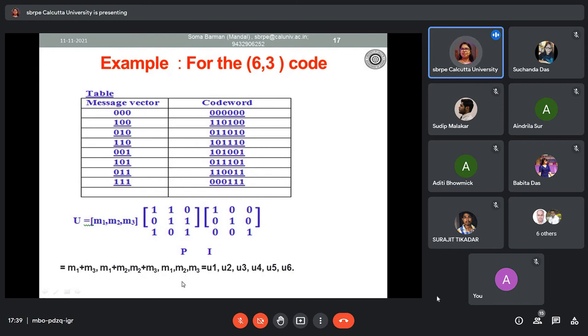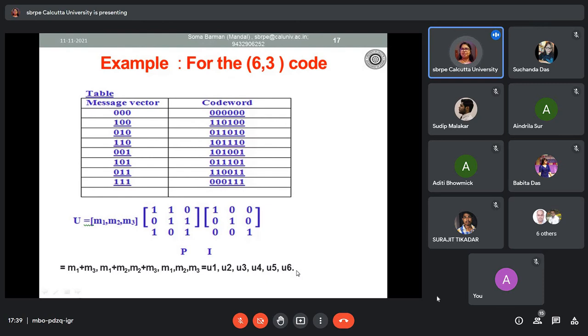M1, M2, M3 are the message bits. These 3 message bits are converted into 6 digits when transformed into the code word U1, U2, U3, U4, U5 and U6.